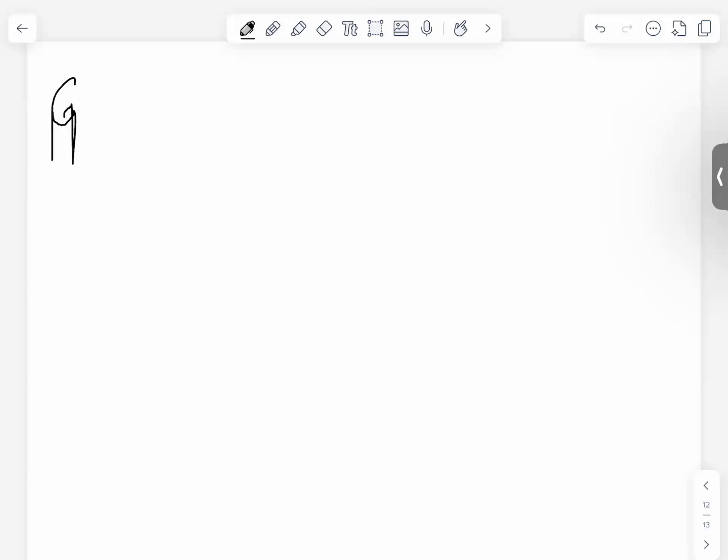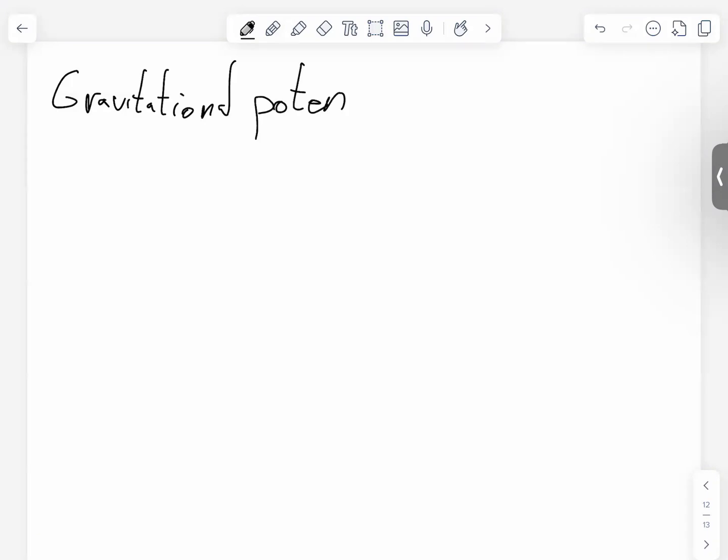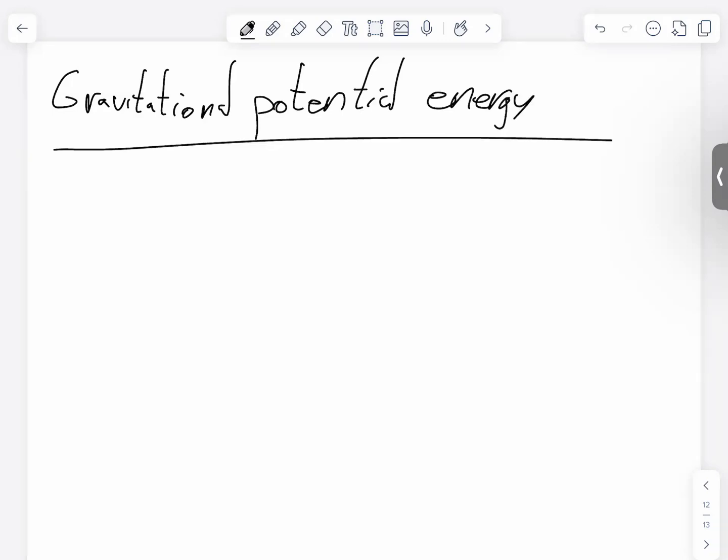Gravitational potential energy, as I promised. Hey, what's m times g, by the way?